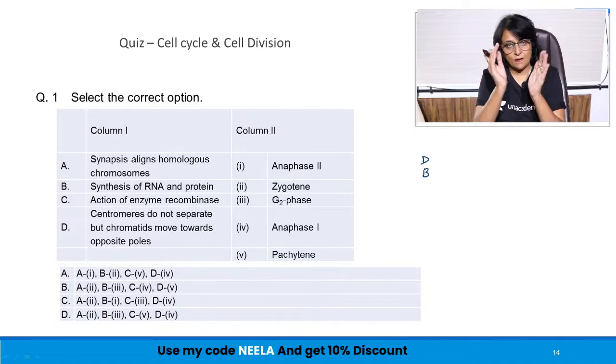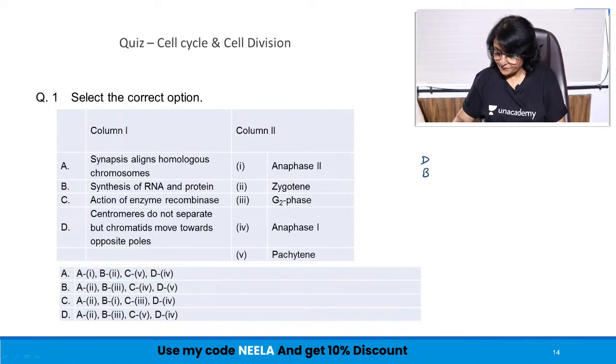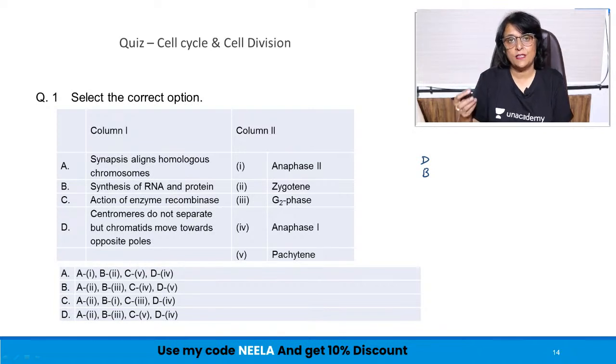Only thing is I am visible in a smaller window. But I try to explain using gestures and everything, but very soon we will switch to the smart board also. But till that time, let us see this. Okay? Some of you have reached option D and some of you have reached option B.